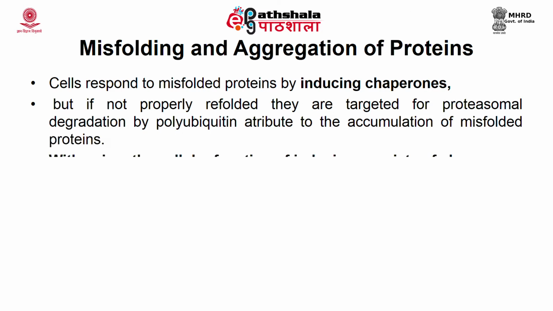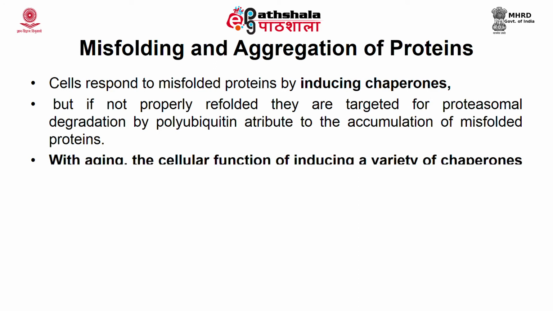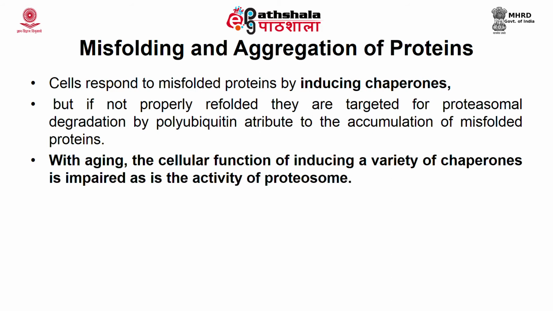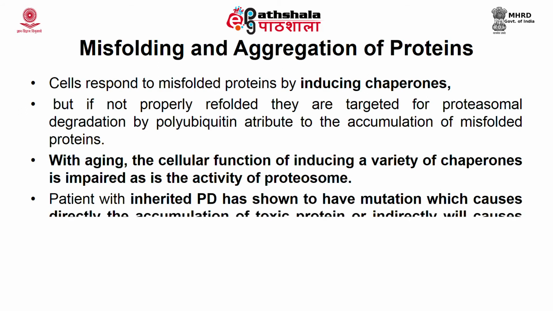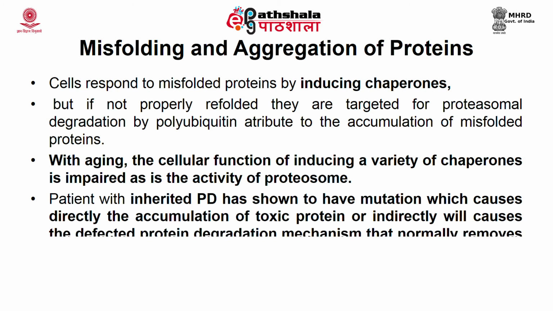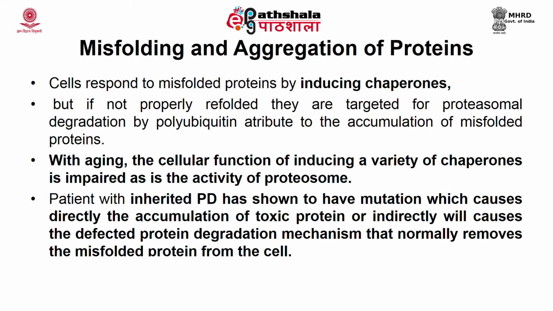With aging, the cellular function of inducing a variety of chaperones is impaired, as is the activity of the proteasome, which degrades the protein. Patients with inherited PD have been shown to have mutations which directly cause the accumulation of this toxic protein, or indirectly cause defective protein degradation mechanisms that normally remove the misfolded protein.